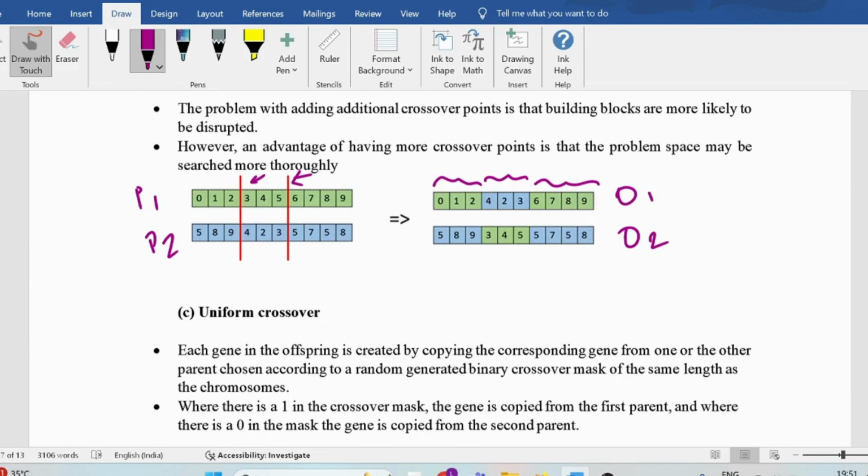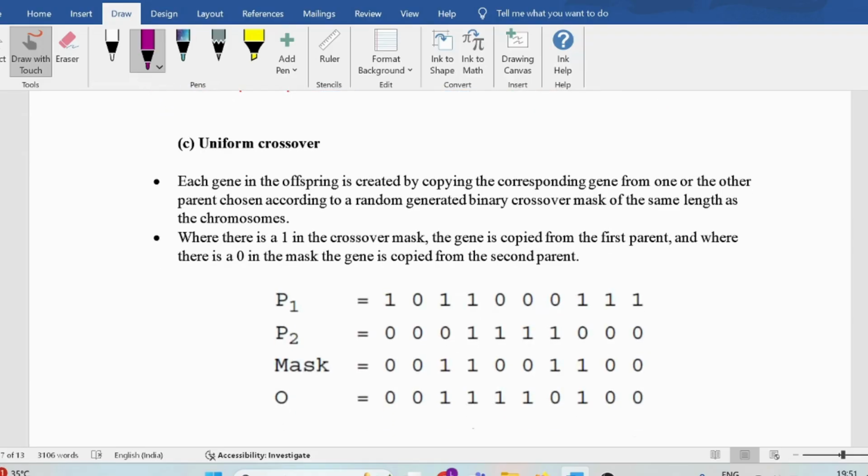Then the next one is a uniform crossover. In uniform crossover, we have 2 parents, and other than that we have what is called a mask. In this mask, we have a set of zeros and ones, and if there is a 1 in the crossover mask, then the gene is copied from the first parent, and if there is a 0 in the mask, then the gene is copied from the second parent.